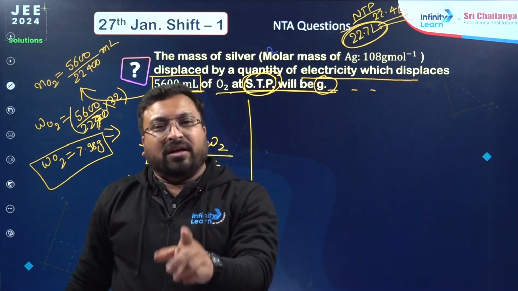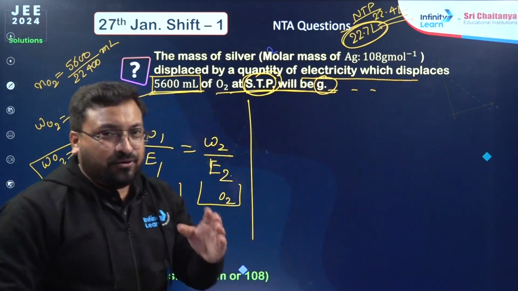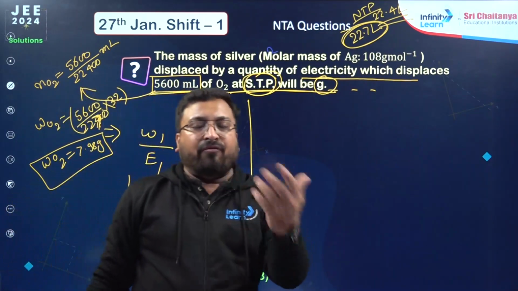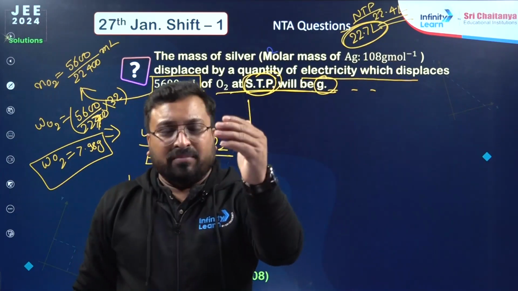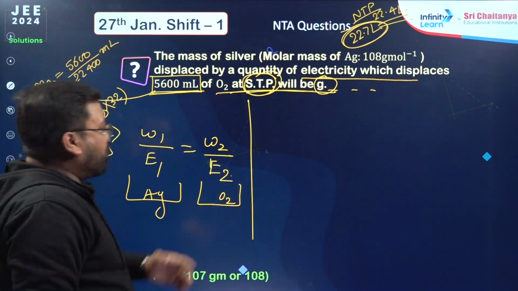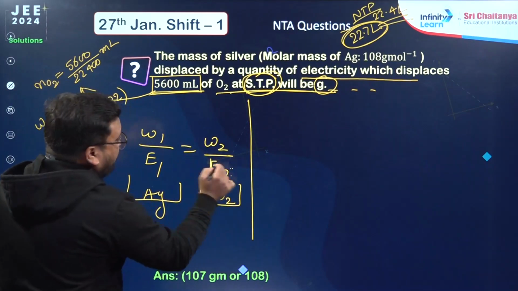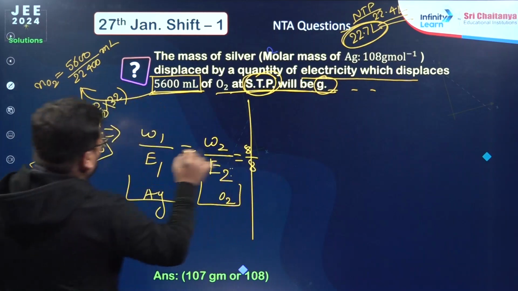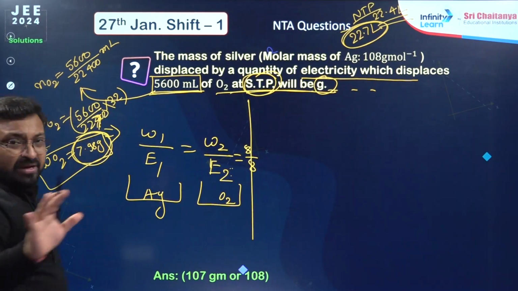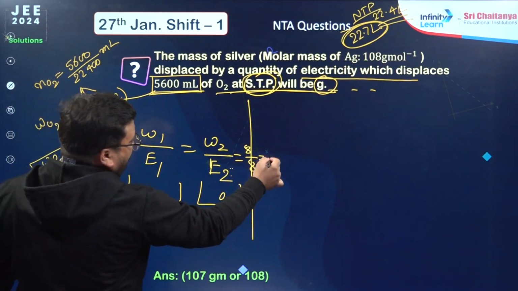That is the equivalent weight of that particular element. In the form of a formula, equivalent weight of an element will be molar mass by valency. So equivalent weight of oxygen will be 8. For oxygen you will get 8 by 8, try to consider in round figure like 8. It means this is 1 actually.